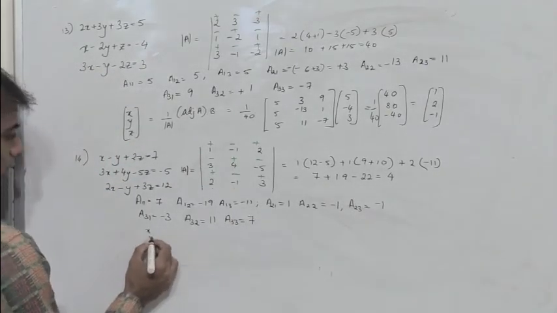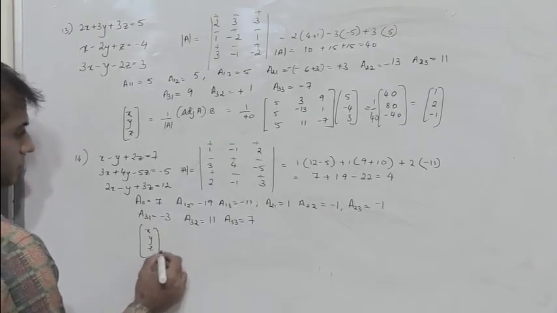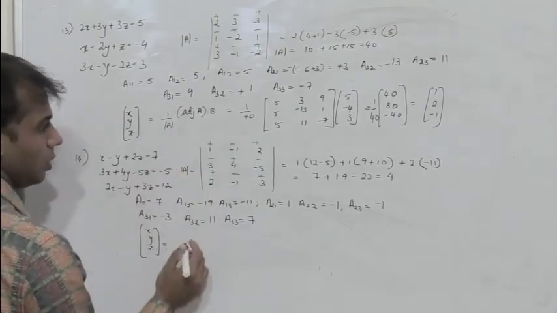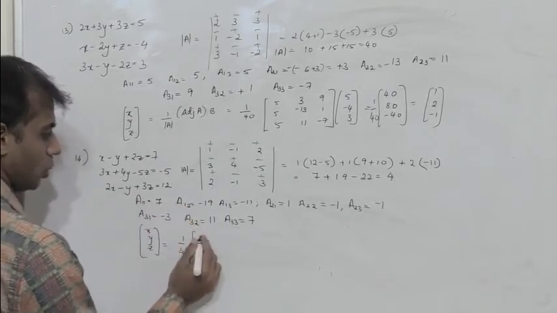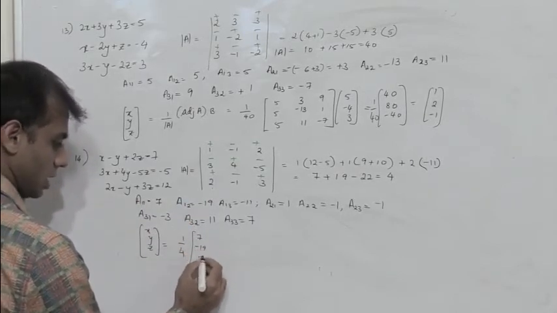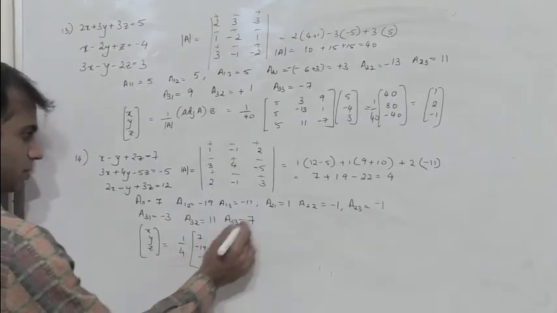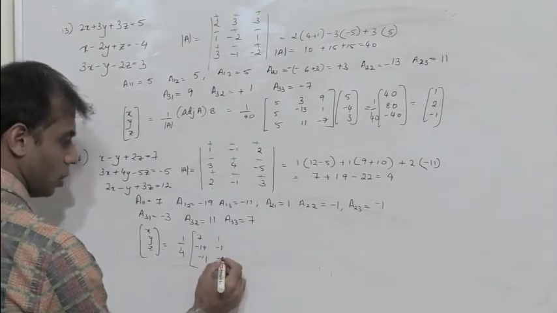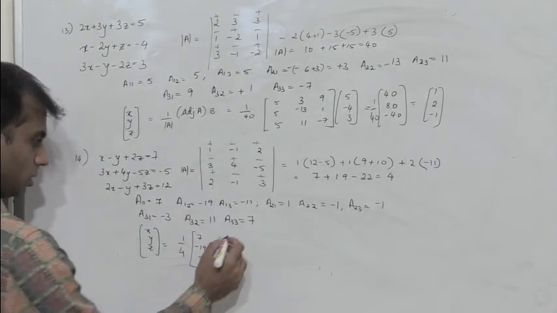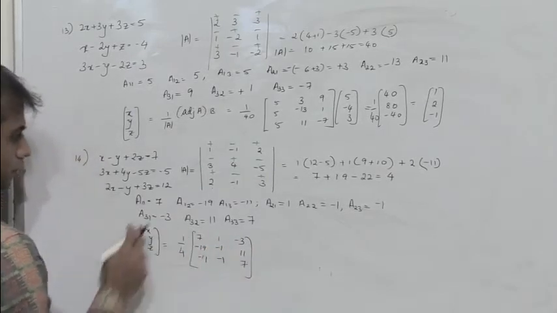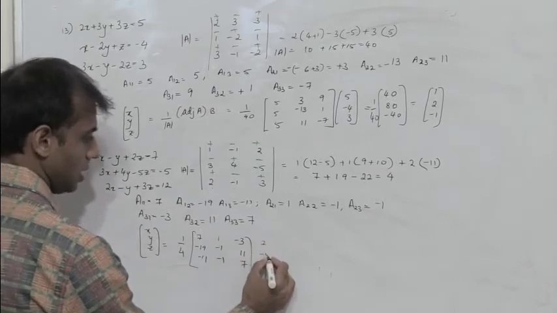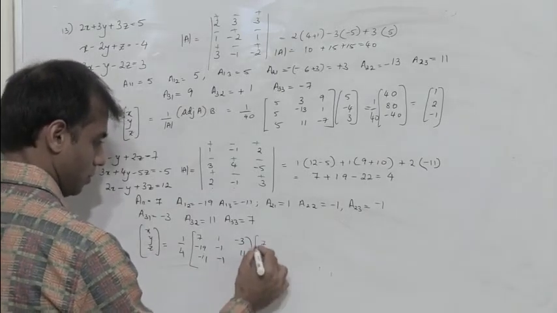So therefore x, y, z equals 1 by determinant A, which is 1 by 4. Next, writing the cofactors column wise, I get 7, minus 19, minus 11, then 1, minus 1, minus 1, then minus 3, 11, 7, into B, which is 7, minus 5 and 12.